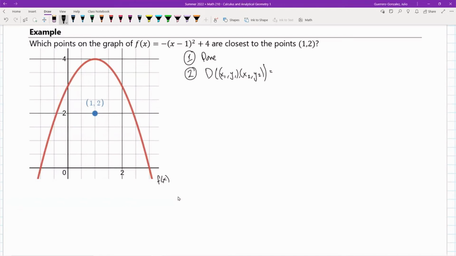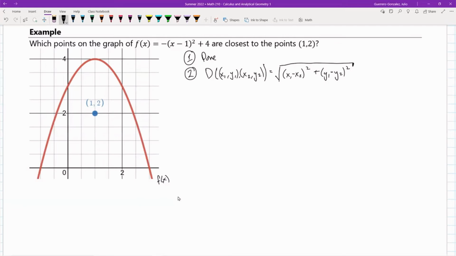Then the distance between the 2 points is going to be the square root, this is basically the Pythagorean theorem, of x1 minus x2 squared plus y1 minus y2 squared. So this is an equation from maybe high school geometry that if you have 2 points, x1, y1 and x2, y2, the distance between those 2 points is given by this equation right here.